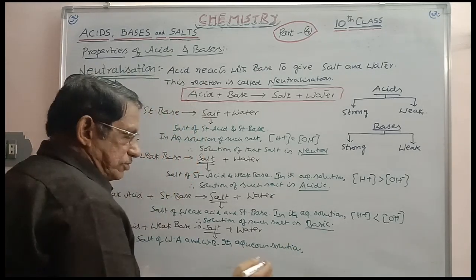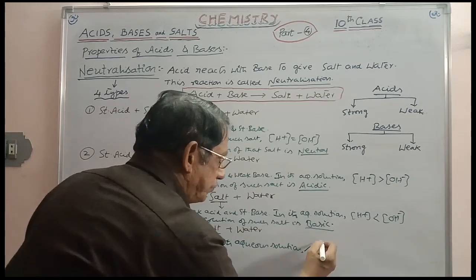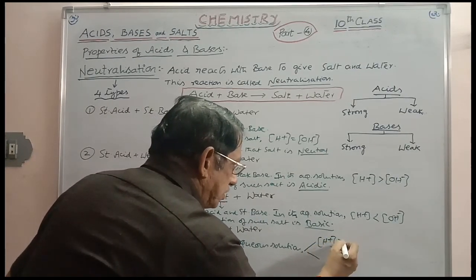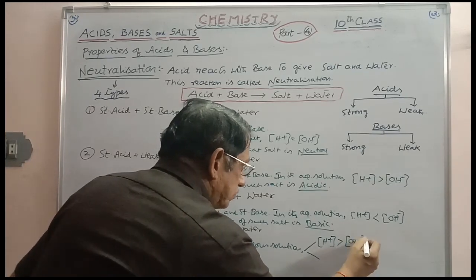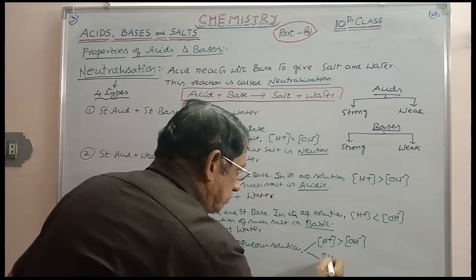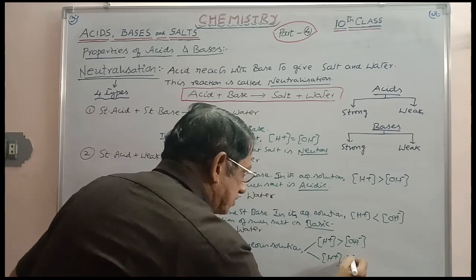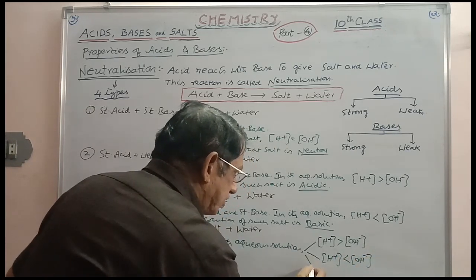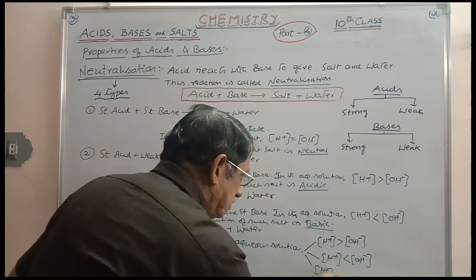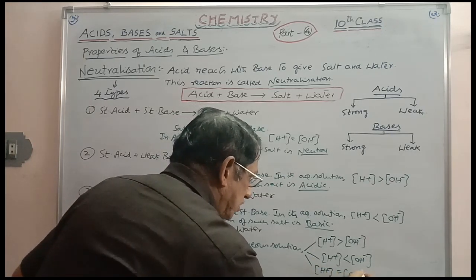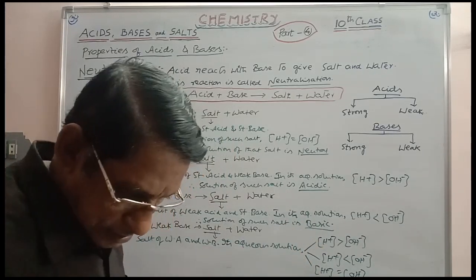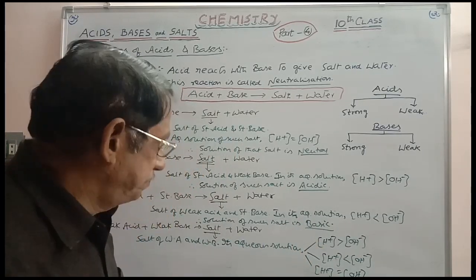In its aqueous solution, three conditions may apply. Concentration of H+ ion may be greater than concentration of OH- ion, concentration of H+ ion may be less than concentration of OH- ion, or sometimes concentration of H+ ion is equal to concentration of OH- ion.